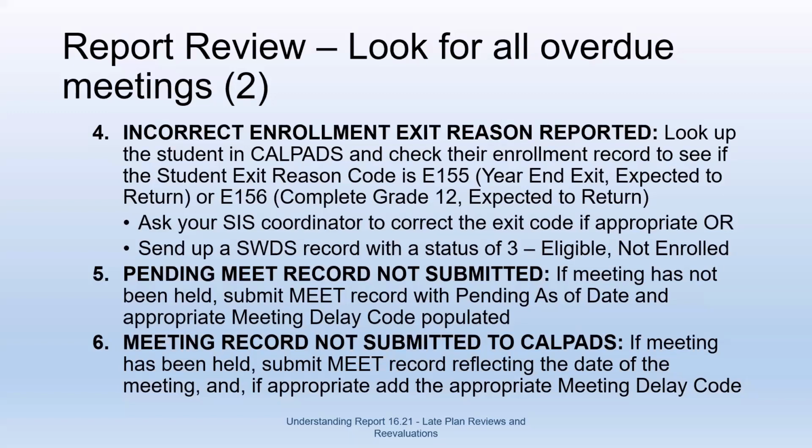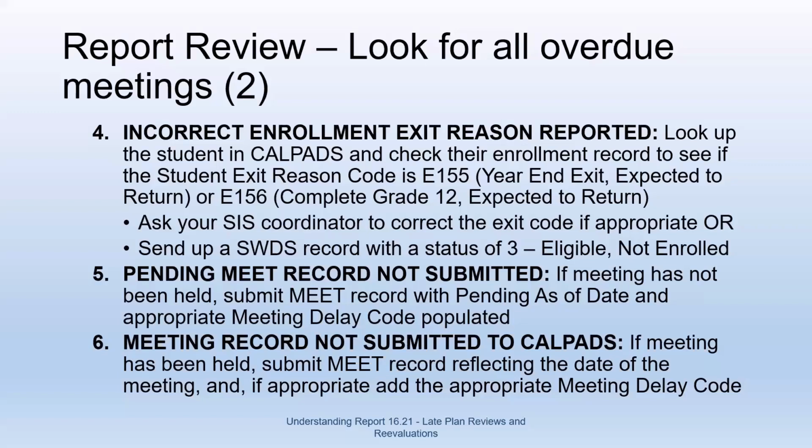Okay, so you need to make sure that those enrollment exit codes are updated. But if you cannot get them to do that, another option is that you can send up a SWDs record with a status of eligible, not enrolled, which basically means the student is eligible, but they're no longer enrolled in my district, and there's no subsequent enrollment. So you have a couple of options there.